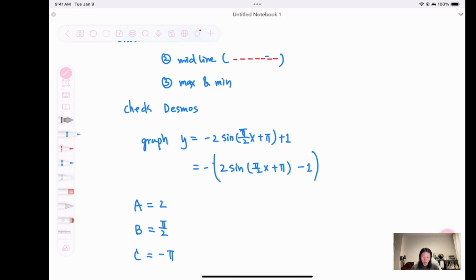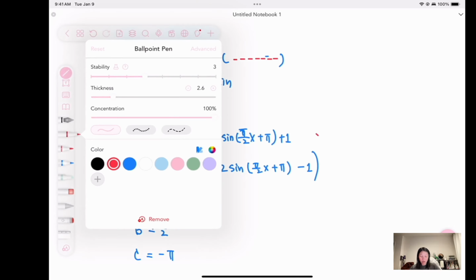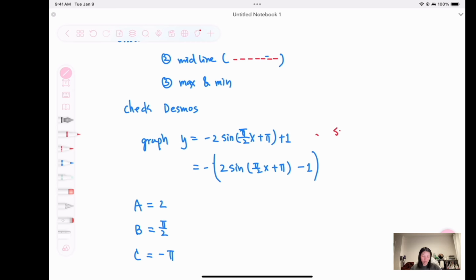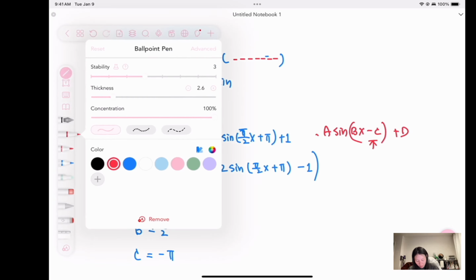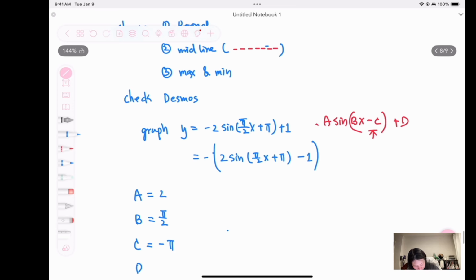That's very important because the general form of a sinusoidal function is A times sine (bx minus C) plus D. Our C is negative, so if they give you a positive pi, you need to convert it to a negative pi. D is equal to negative 1. And what does the whole negative mean for the function? It means flipped, mirrored over the midline.